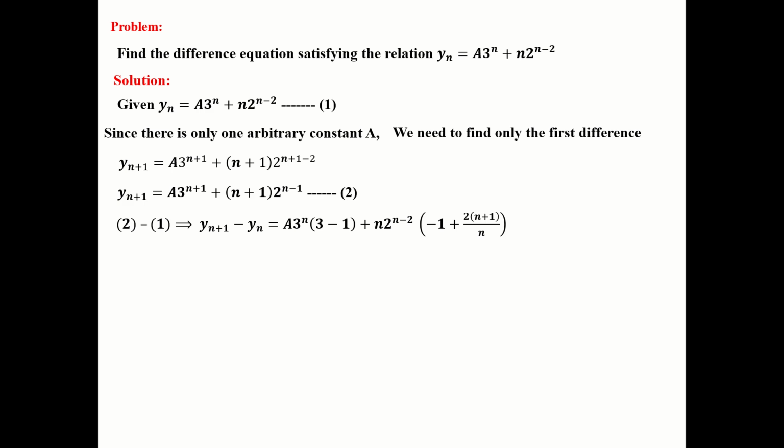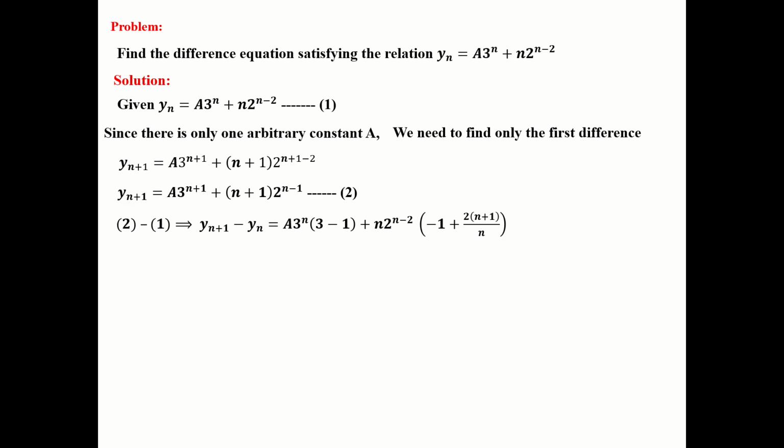Comparing the first two terms of the right hand side of equations 1 and 2, in both a 3 power n is common, take it outside. 3 power n plus 1 can be written as 3 power n into 3.